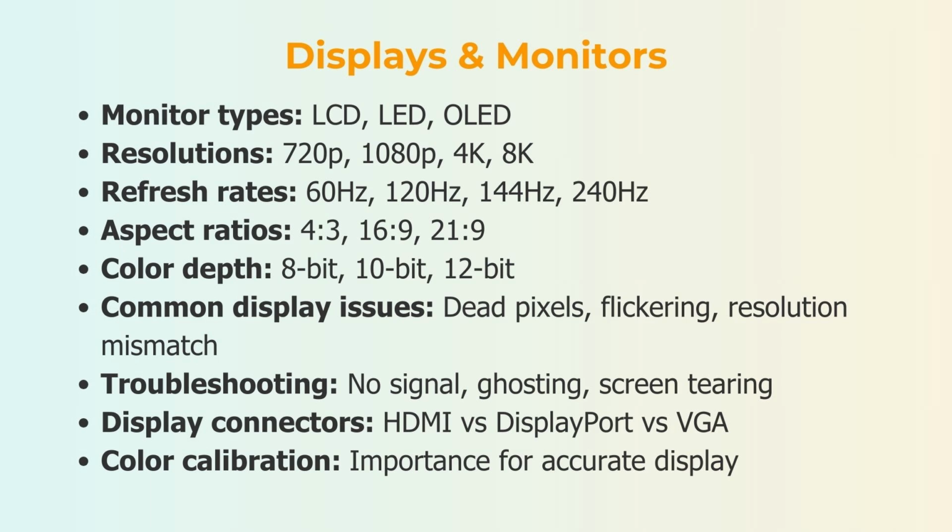Color depth, measured in bits, such as 8-bit, 10-bit, or 12-bit, refers to how many colors the monitor can display, with more bits providing more accurate color. The Core 1 exam will also cover troubleshooting common display issues, such as dead pixels, flickering screens, or resolution mismatches. It's important to understand how to fix these issues by adjusting settings or updating drivers. You should also know how to troubleshoot connections using HDMI, DisplayPort, VGA, and DVI cables, and manage multi-monitor setups.